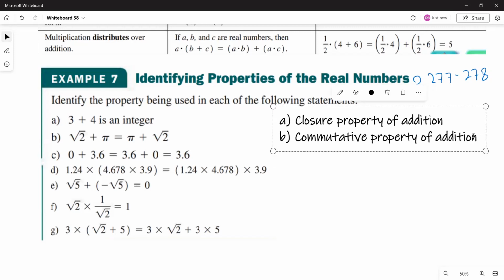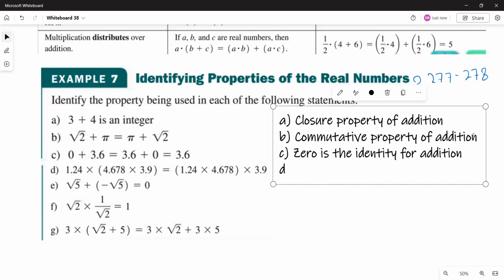Part C, 0 plus 3.6 equals 3.6 plus 0 equals 3.6. So 0 plus any number, or any number plus 0, is going to be that number. This is the fact that 0 is the identity element for addition.